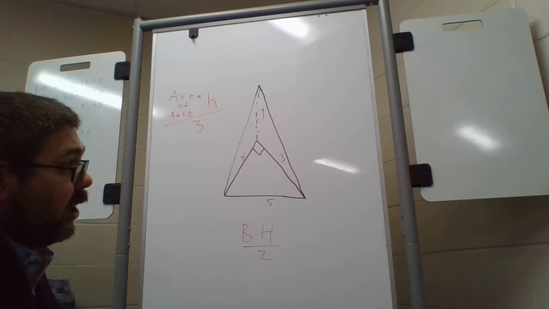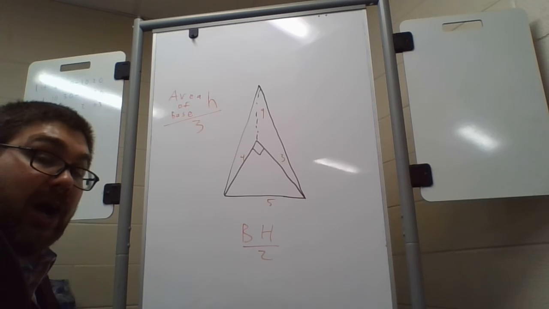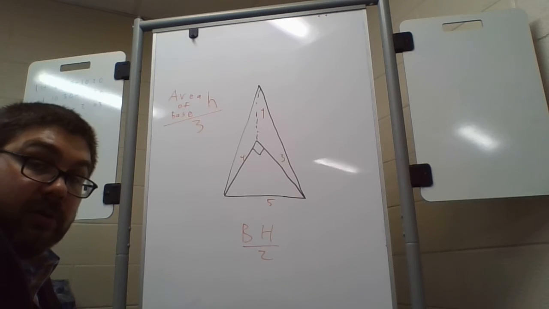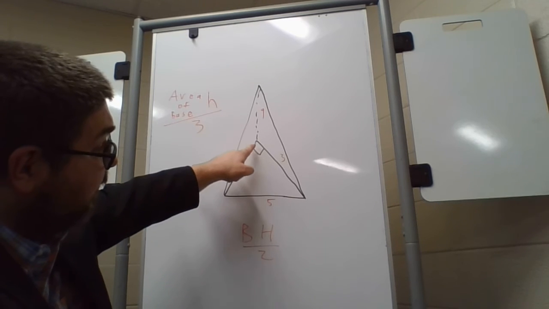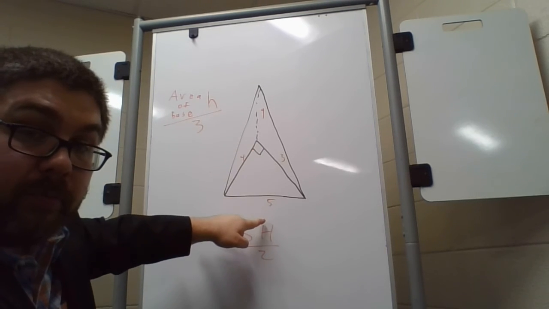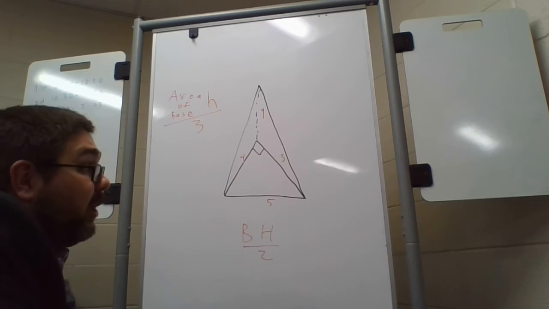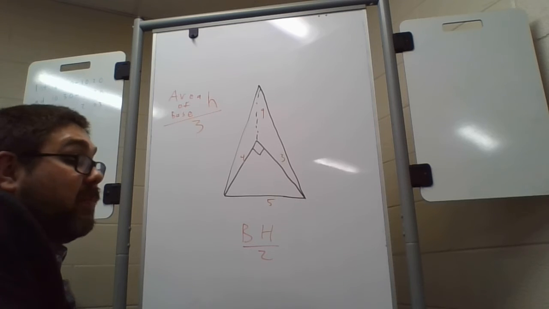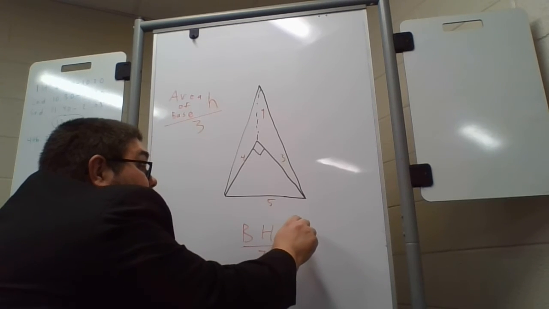Well, if we have a right triangle, what is the base and what is the height? I'll give you a hint. It's the two sides which are not the hypotenuse. The hypotenuse is the side not connected to the right angle. It's also the longest side. Now in this problem, the base gives us the numbers 3, 4, and 5.